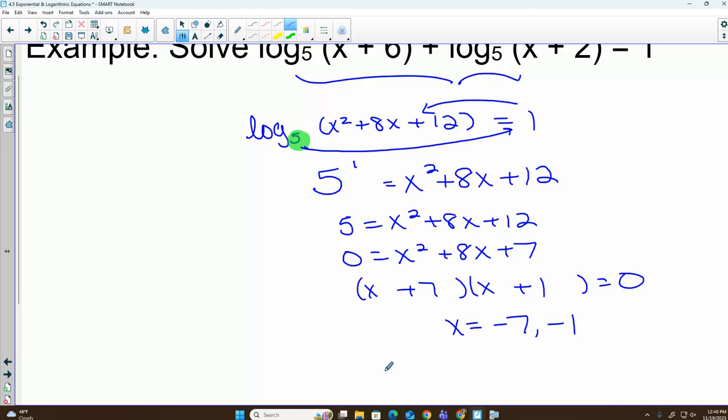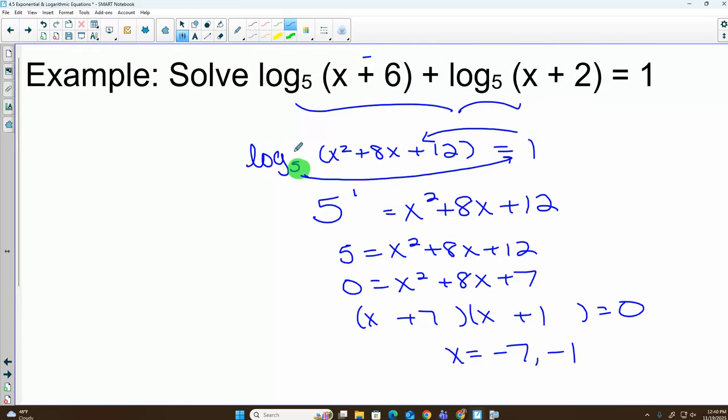Now, we don't just assume that negatives don't work. We have to check. We're making sure that the arguments are positive when I put these back in. So if I look up here, if I plug in a -7, is -7 plus 6 positive? No, so -7 doesn't work.